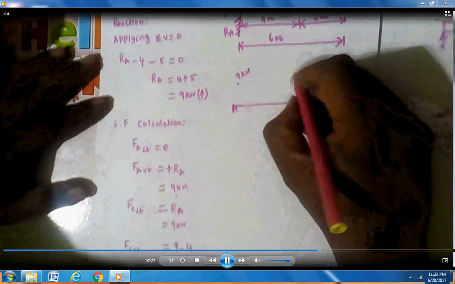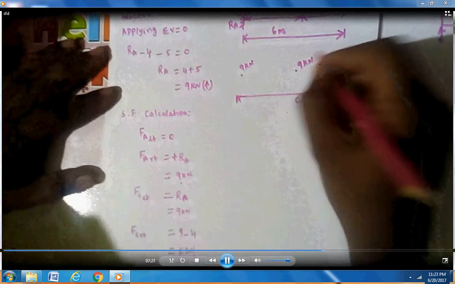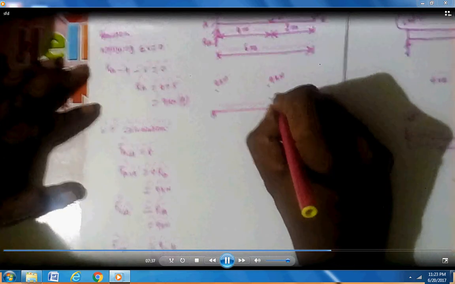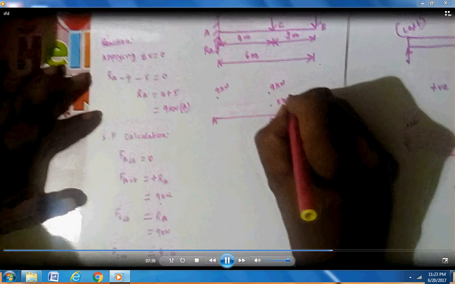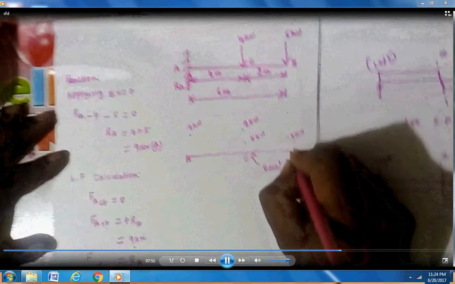Then C left is also 9 kilonewton, so mark above point C. Then C right is 5 kilonewton, also above point C. Then B left is 5 kilonewton, above point B. And B right is 0, so mark at the reference line.